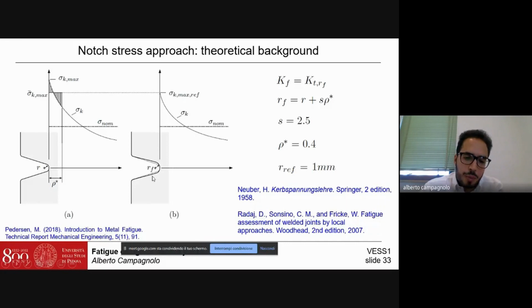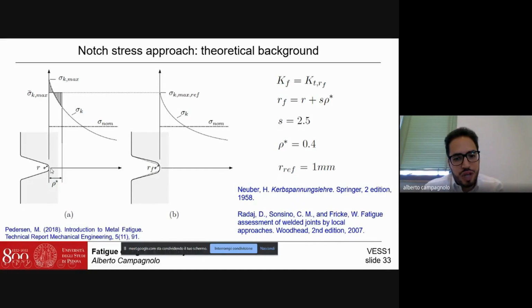So Neuber proposed to modify the notch tip radius so that, analyzing this new notched component at the notch tip, we can reach a peak stress which is exactly the same as the average stress of the original notched component.